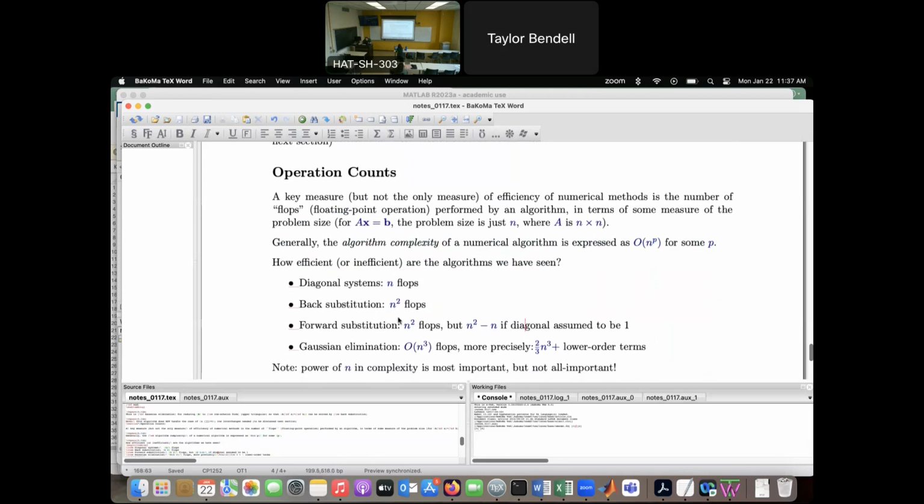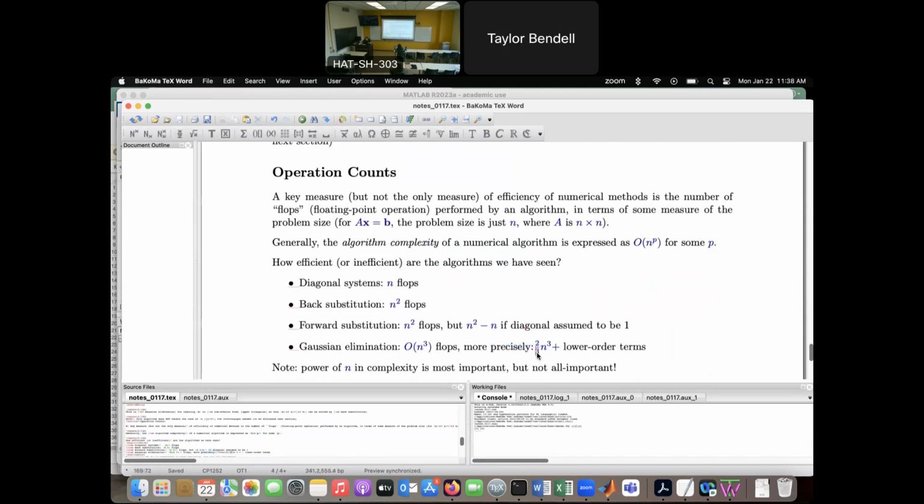What I will show you is that it turns out to be big O of n cubed. It's no surprise that since you're working with a matrix with n squared nonzero entries, things of that order of magnitude will take more work. To be a little more precise, it's 2/3 n cubed plus lower order terms.